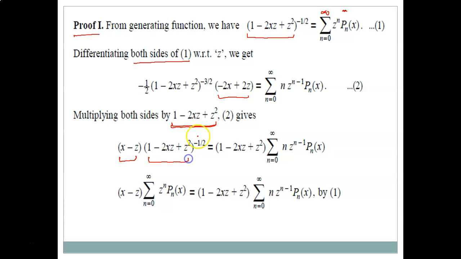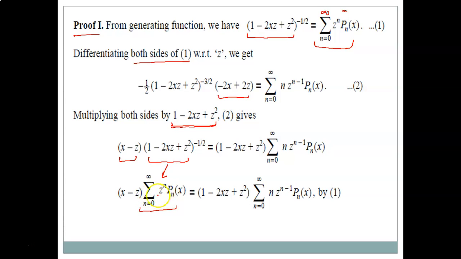So after multiplication with this term, the left hand side becomes like this, and in the right hand side you multiply the summation with n z raised to power n minus 1 Pn. Now what is this? From equation 1, this is equal to this quantity, so we are replacing this quantity with the summation.